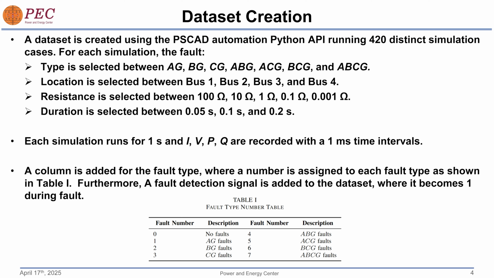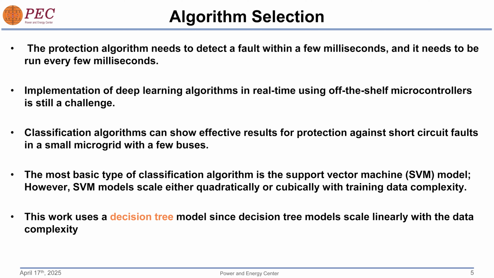For an algorithm, originally we were actually looking at a support vector machine algorithm, an SVM model. However, we ended up finding that SVM models scale quadratically or cubically with their training data complexity. And so given that our data set was sampled at 1 millisecond, this means we had a ton of data to go through, and an SVM model just was not practical.